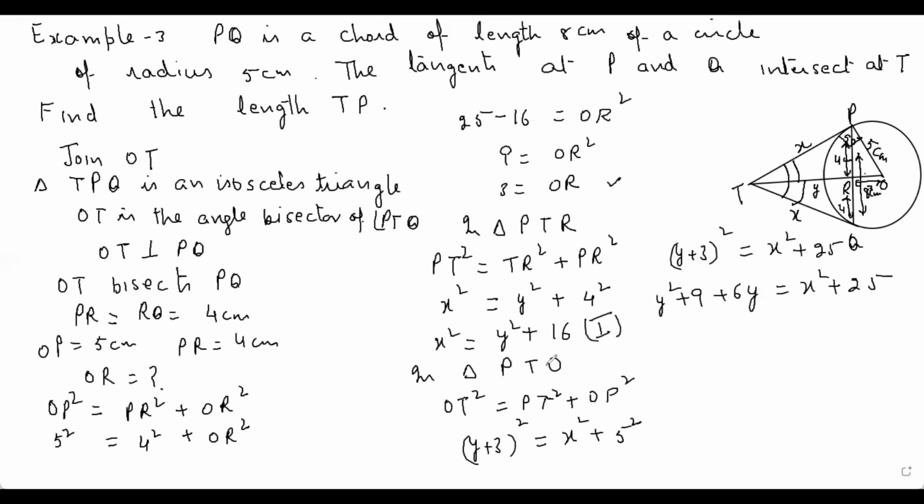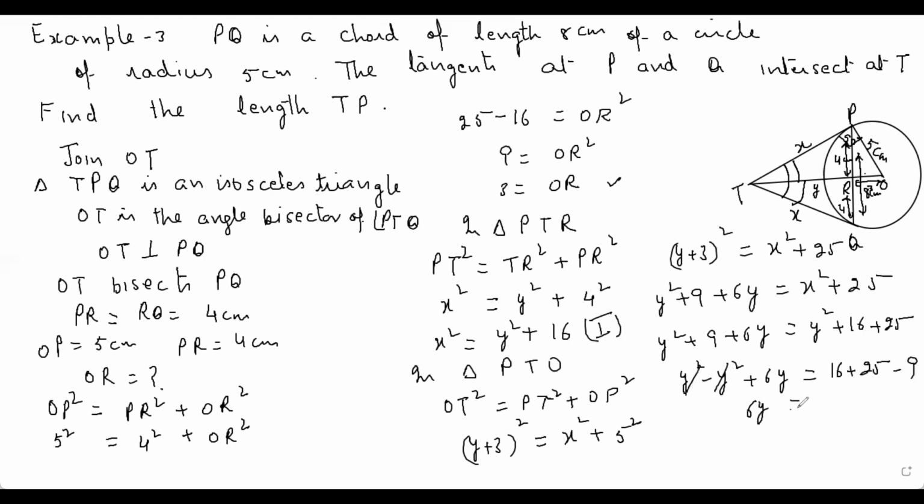So instead of X square, I am going to write Y square plus 16 plus 25. It means you take this number to this side, Y square minus Y square plus 6Y is equal to 16 plus 25 minus 9. This is cancelled. 6Y is equal to 32. So Y is equal to 32 by 6, 16 by 3.